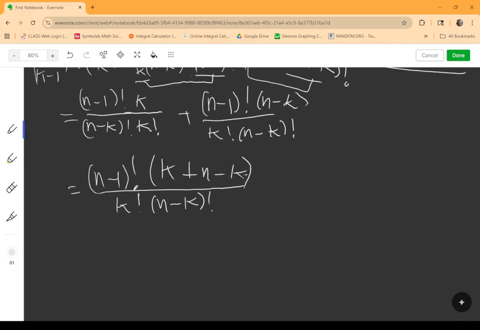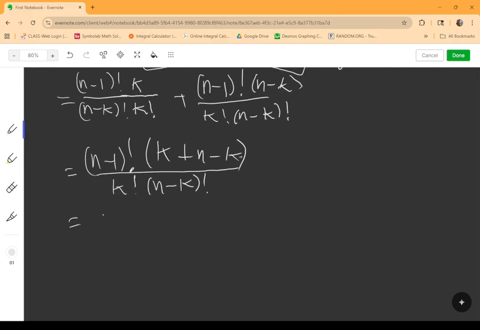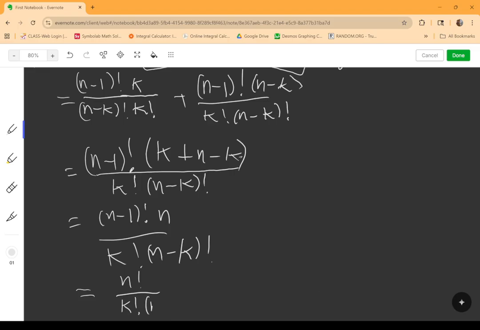Now those k's cancel, and we're left with n minus 1 factorial times n over k factorial, n minus k factorial. I can compress this into simply n factorial over k factorial, n minus k factorial, and that is n choose k, which completes the proof. Nothing wrong with the proof.